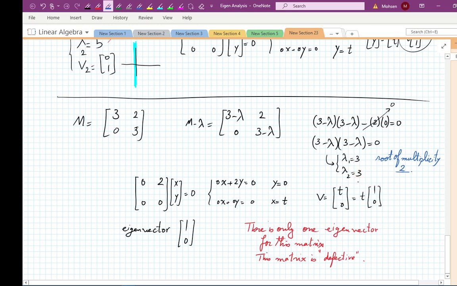This is referred to as geometric multiplicity. Actually, sorry, I made a mistake. This is algebraic multiplicity. Geometric multiplicity refers to how many linearly independent eigenvectors you found. So that's called geometric multiplicity.